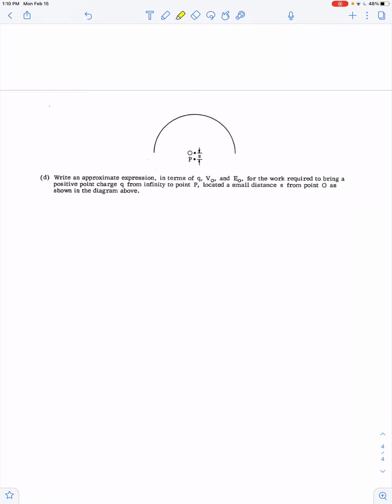Lastly, we need to write some sort of expression in terms of Q, V naught, and E naught for the amount of work that would be required to bring a positive point charge from infinitely far away to point P, noting that point P is located a very small distance s away from the origin as shown in this diagram.